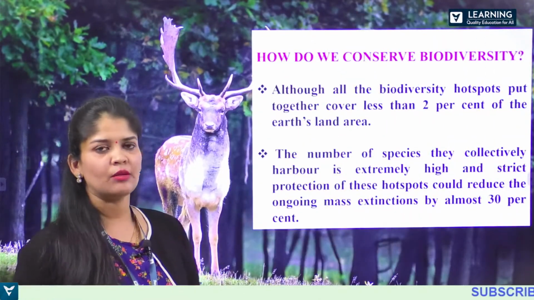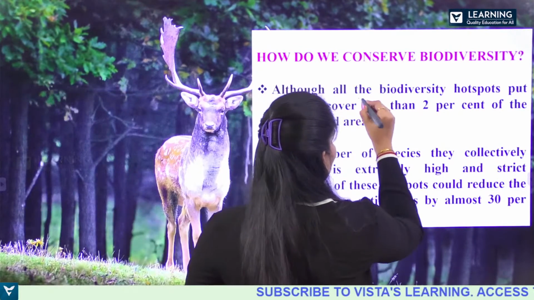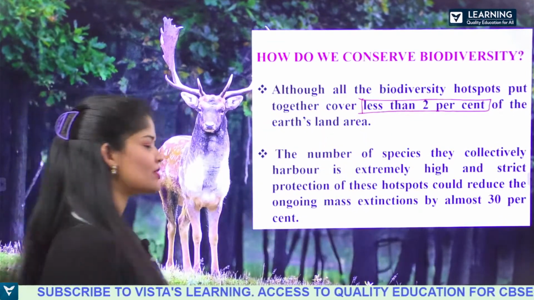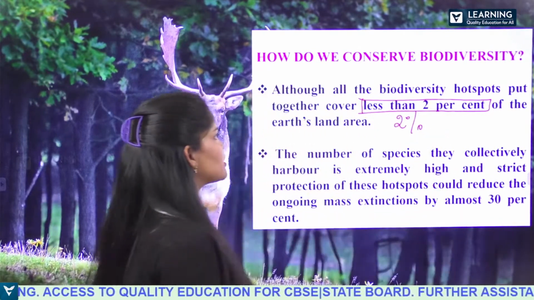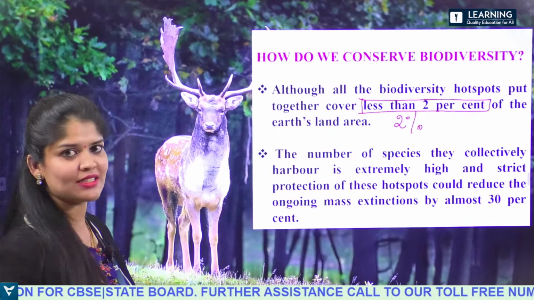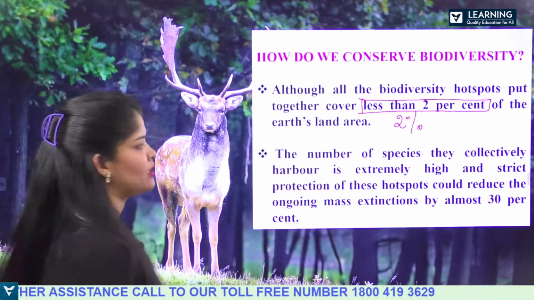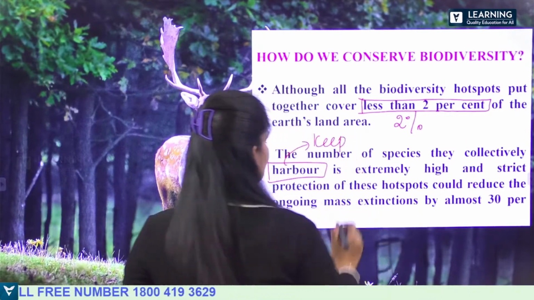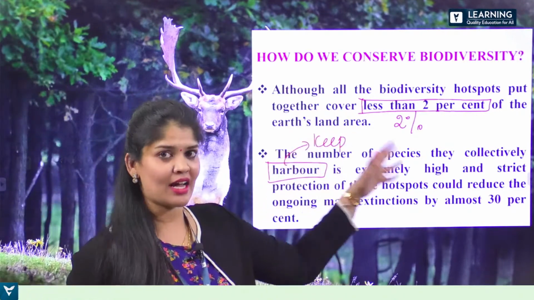Now, among all the biodiversity hotspots put together, it is very, very interesting here. All these biodiversity hotspots cover a very small percentage of the total land available, that is 2% of the Earth's land area. But the importance is here: the number of species they collectively harbor, that means give shelter to, is extremely high.